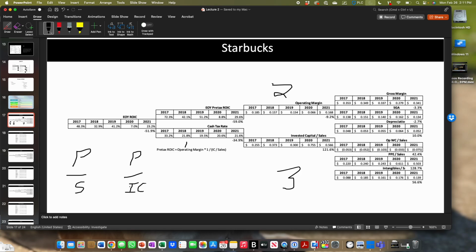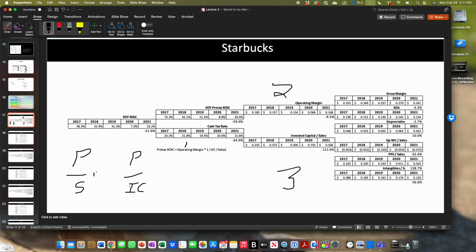So the point is, the numerator is the same for both, but the denominator is different. Right? One's representing P over S, profit over sales, that's your operating margin. Two is profit over investment, that's ROIC. Okay? So then the question is, how do we get from P over S to P over IC? Well, that's where algebra comes in.